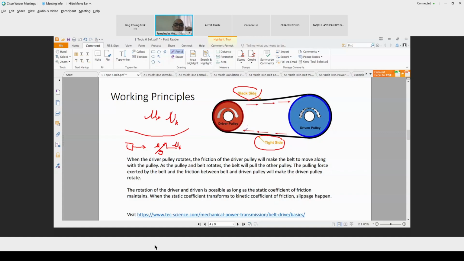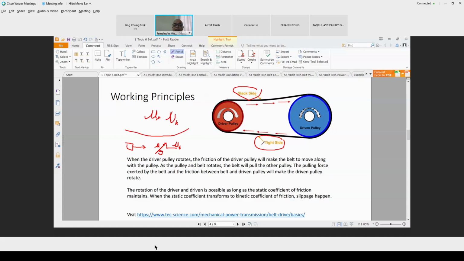Your pulley is going to rotate here, meaning there's a lag between the belt and the pulley. That's why you will hear a sound. For example, in the morning when you start the car and switch on the aircon, that sound is the sound between the pulley and the belt.